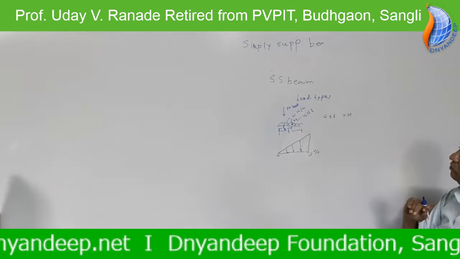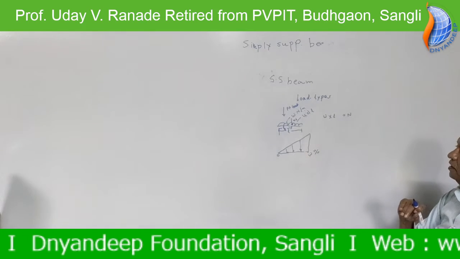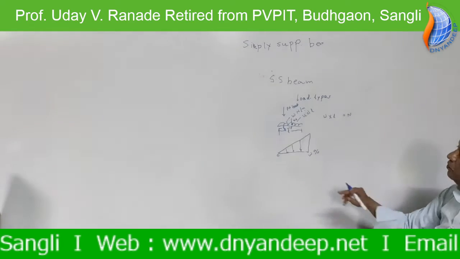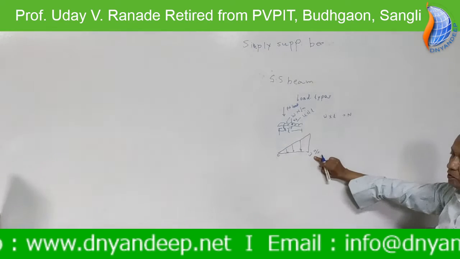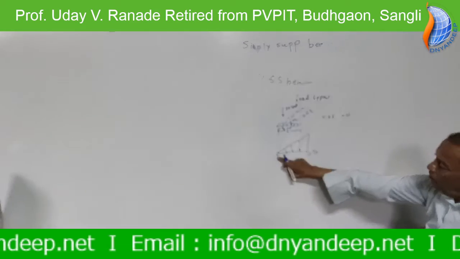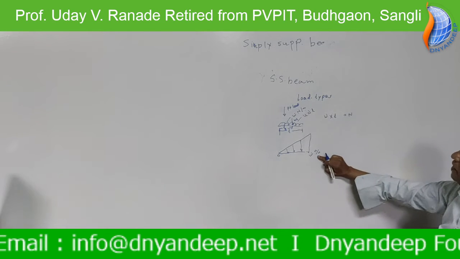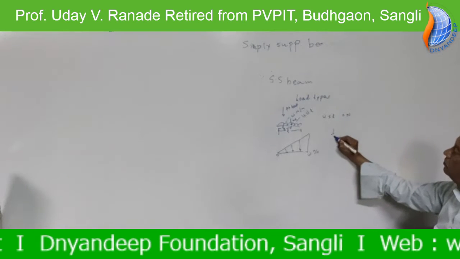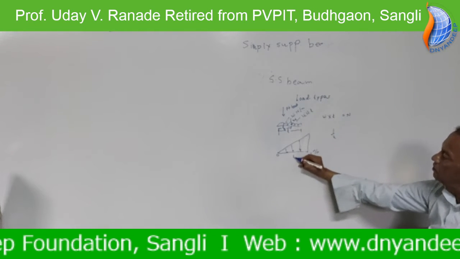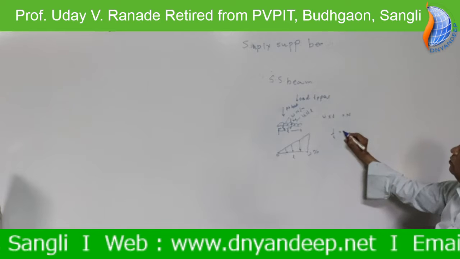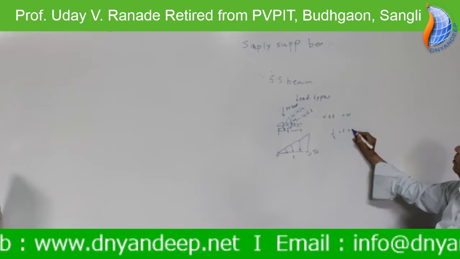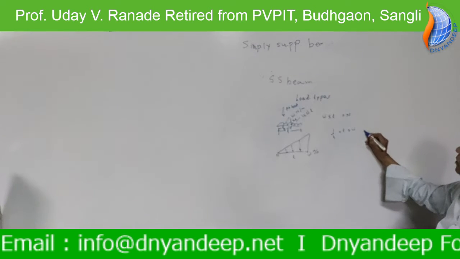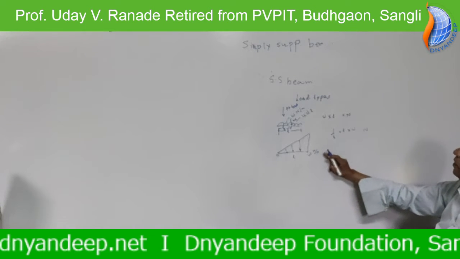What is the effective load? Effective load is nothing but area of triangle multiplied by intensity of load. Intensity of load at one end is 0, at other end is W. So what is the area? 1/2 into L into W. And here also the unit is Newton, because Newton per meter into meter.